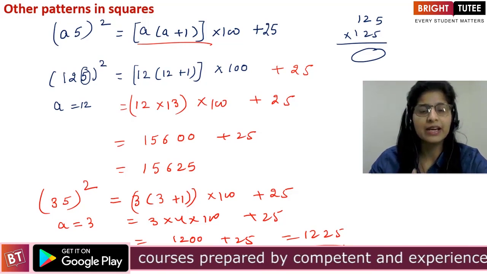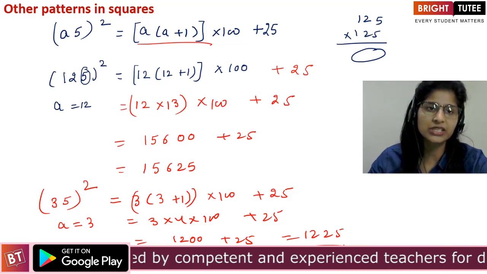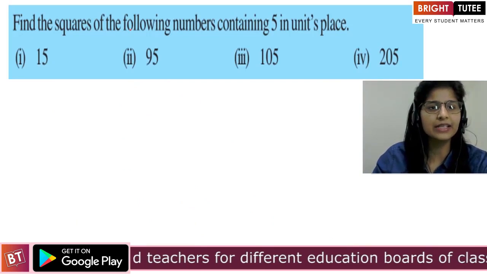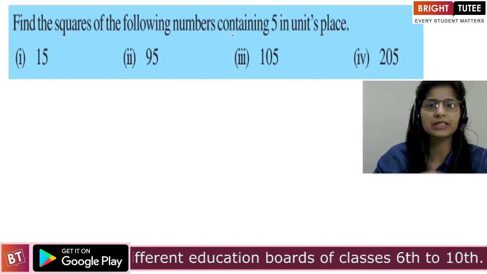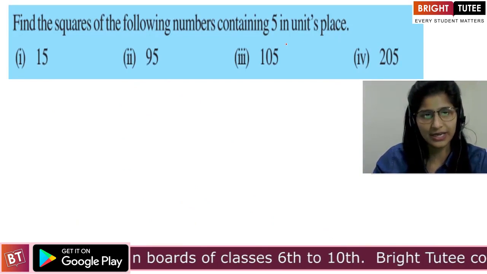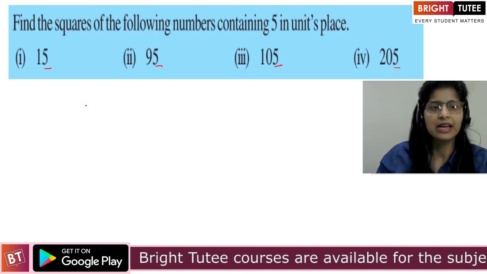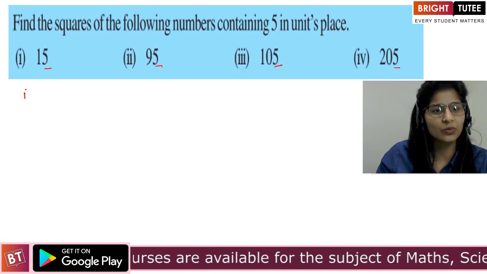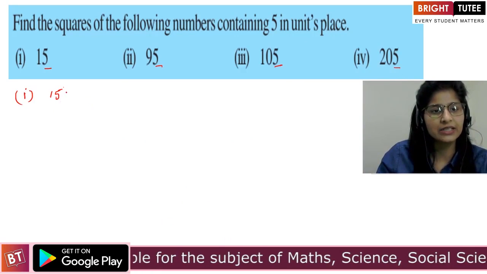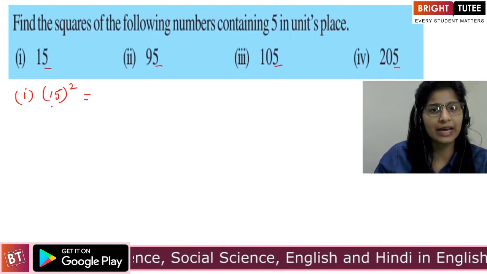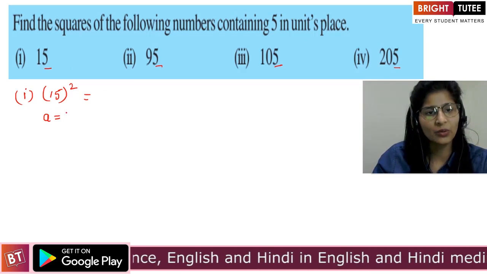Let us apply this formula to some of the questions given in the book. Here is a question. It is asking to find the squares of the following numbers containing 5 in the unit place. So 5 is there in every number at the units place. Alright, let us solve it. First one is 15 square. We know that A here is 1.